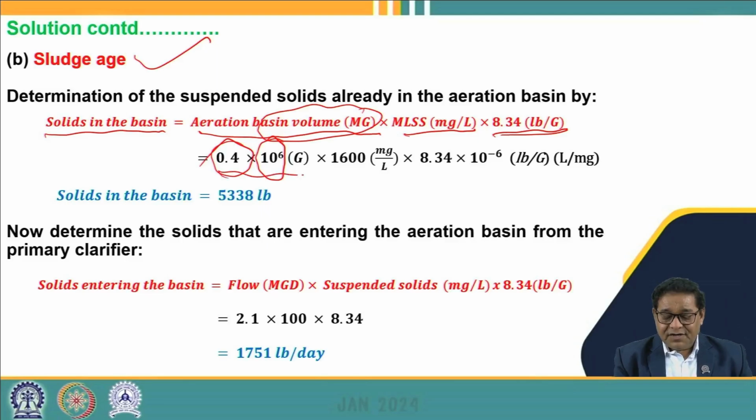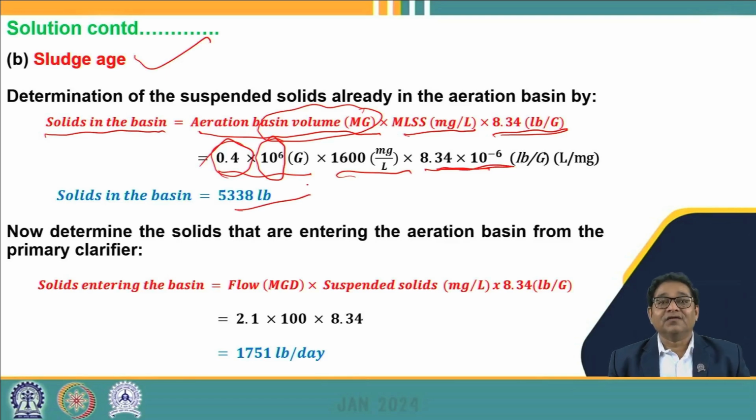This is the MLSS concentration, given as 1600 milligram per liter. This conversion factor directly gives the total solids in the basin in pounds, and that value comes to 5338.